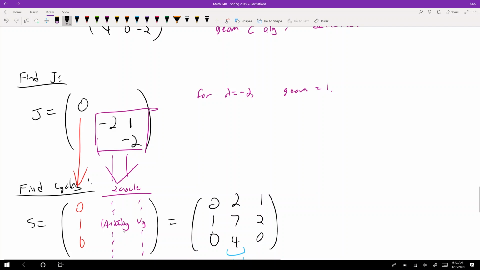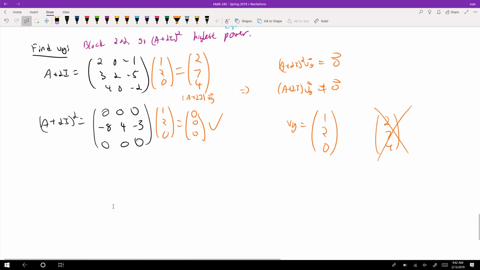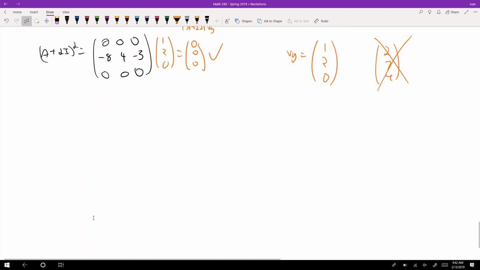All right. So any other questions? All right. So last example is the following. So I want to find an example. Find J, and we're given that A is equal to this matrix.